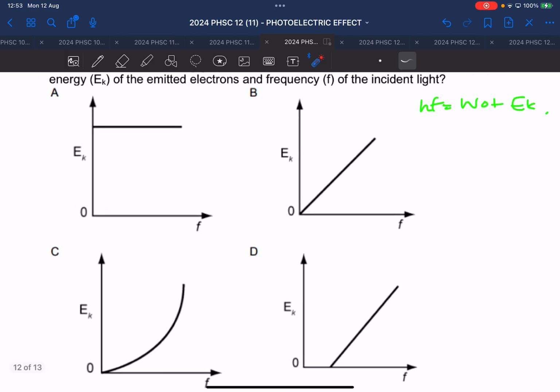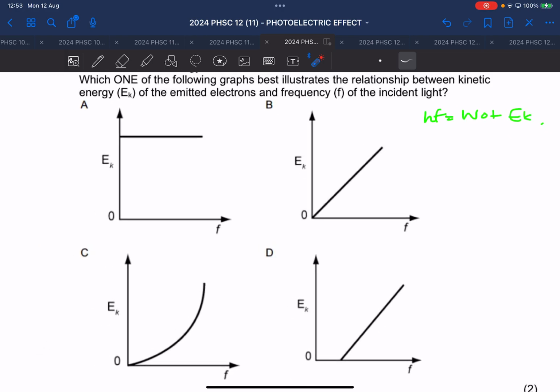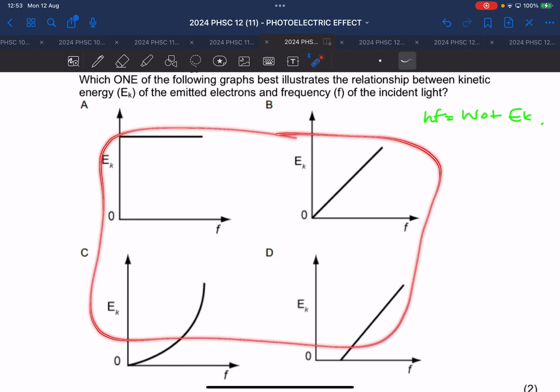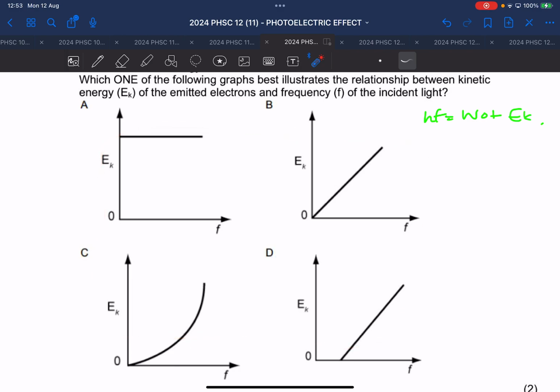So which of these graphs shows direct proportionality? So choose one. A, B, D. It's like a straight line. So C is like inverse. This will be inversely proportional, but it's not C yet.